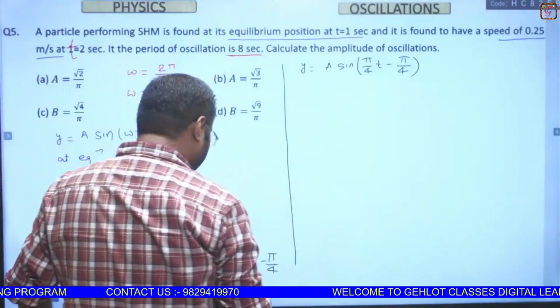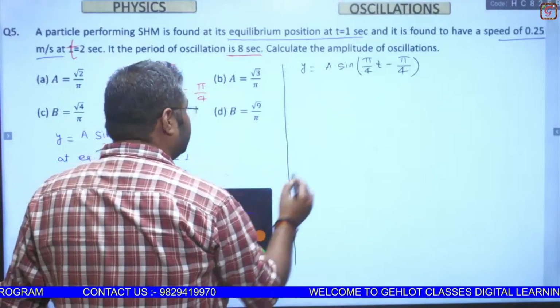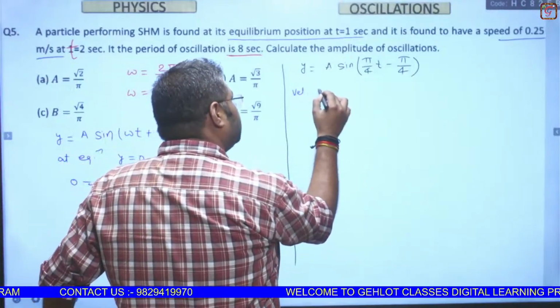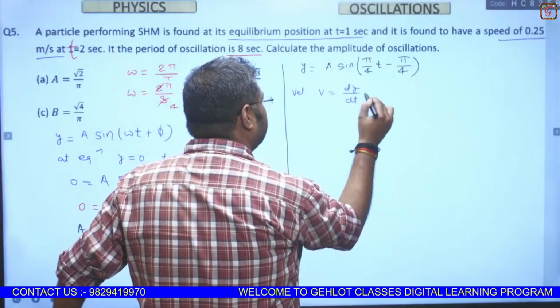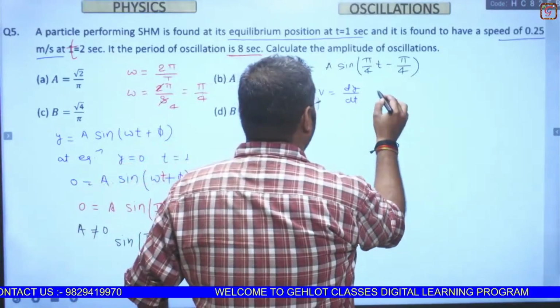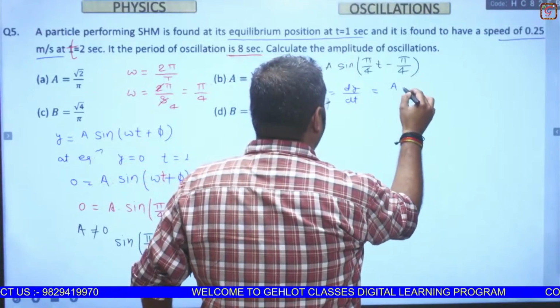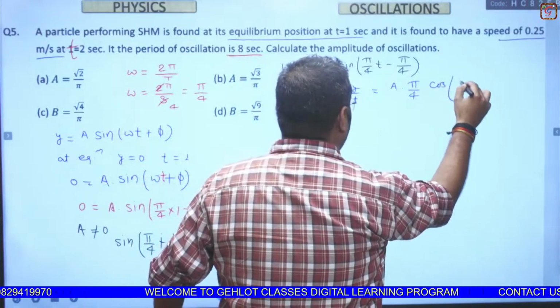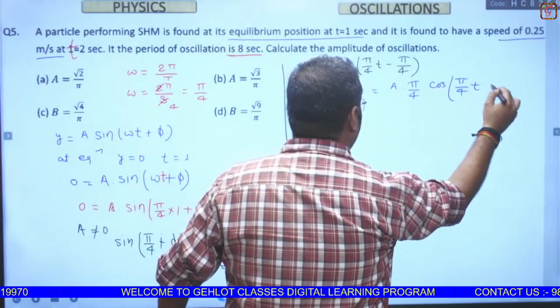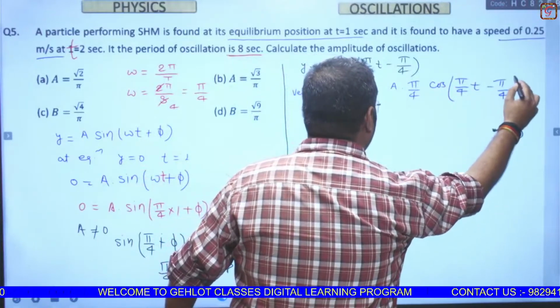So can we find the value of velocity here? So velocity v is equal to dy by dt, and this will become a into pi by 4 cos(pi by 4 into t minus pi by 4).